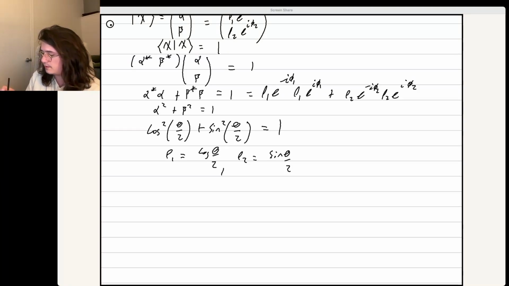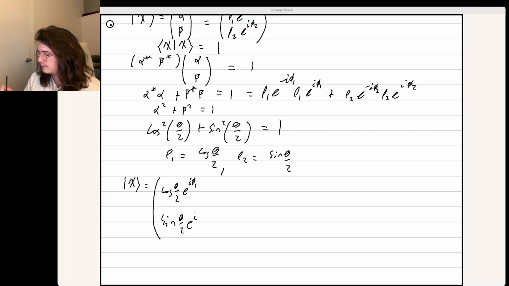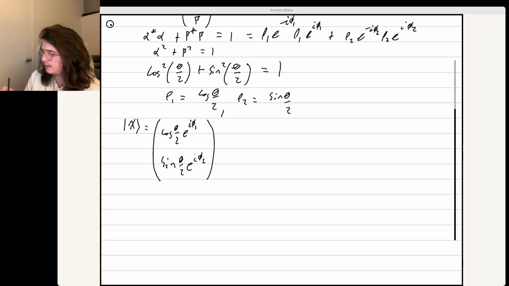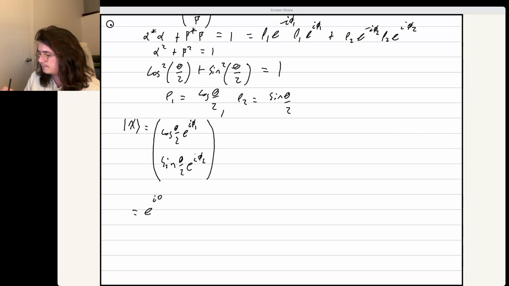So then we can rewrite our spinner in column vector notation as being cosine theta over 2 e to the i phi 1, sine theta over 2 e to the i phi 2 for now. And to make this equation look nicer, I'm going to pull out a factor of e to the i phi 1 over 2.